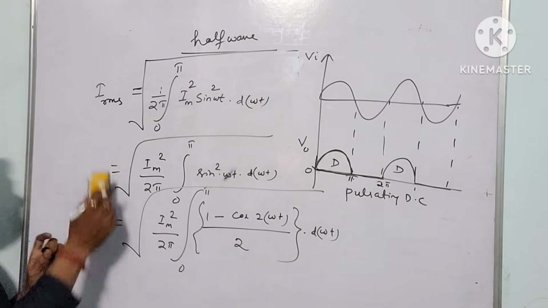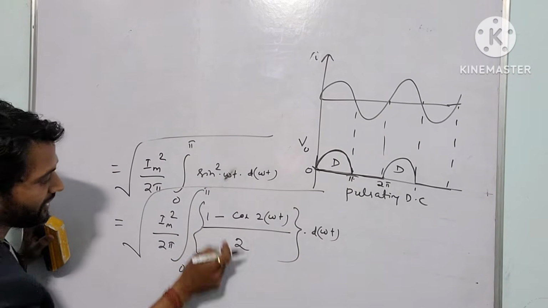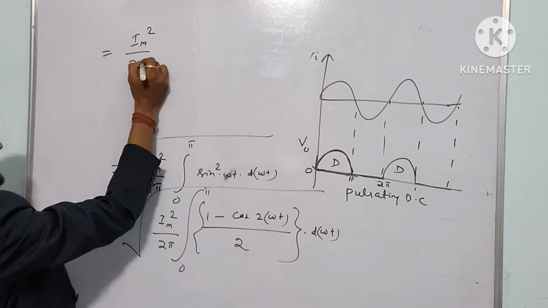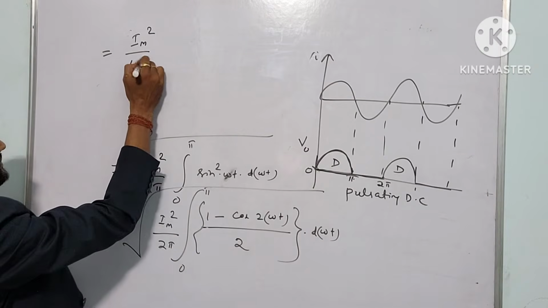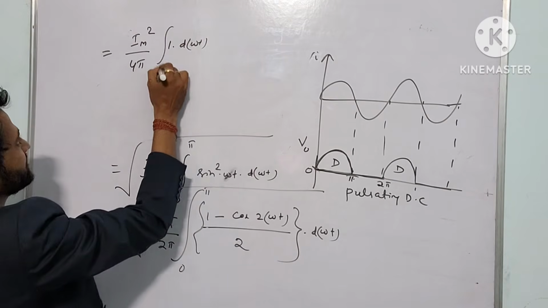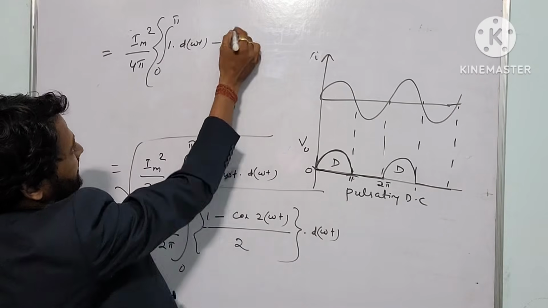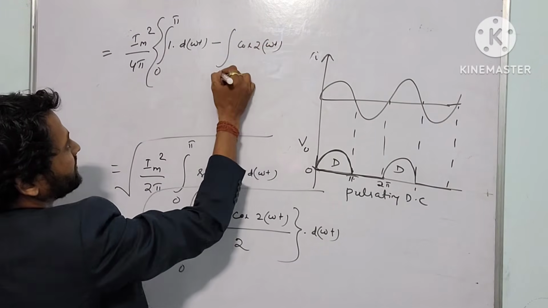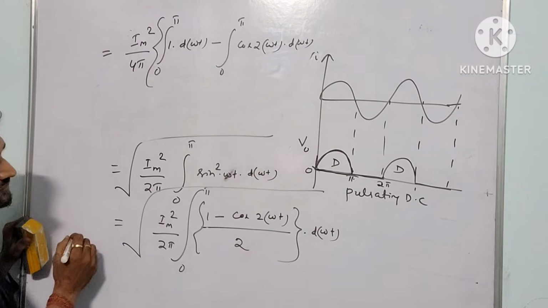Is it clear? So here I am writing, Im square by 2 pi, then bring the 2 over here, it will be 4 pi, right? Then integration of 1 into d omega t from 0 to pi, minus integration of cos 2 omega t from 0 to pi into d omega t, right?